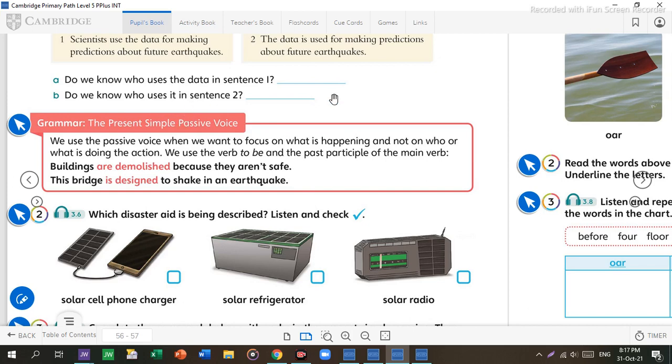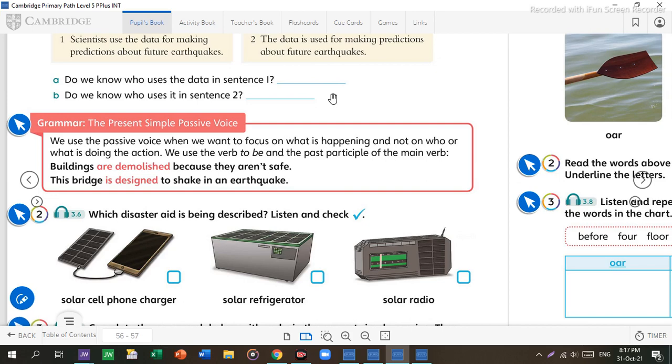So we use the passive voice when we want to focus on what is happening and not on who or what is doing the action. So that means we want to focus not on the subject, but on the object. That's why we change the place. We put buildings, the object, at the front.